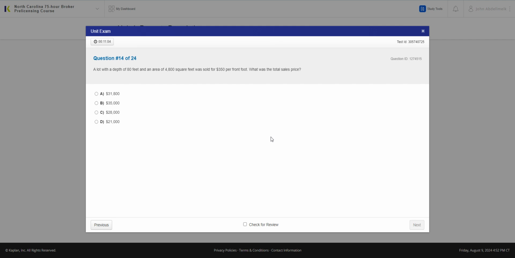And then we'll take the 60 feet and multiply that by the $350 per foot, and that will give us $21,000.